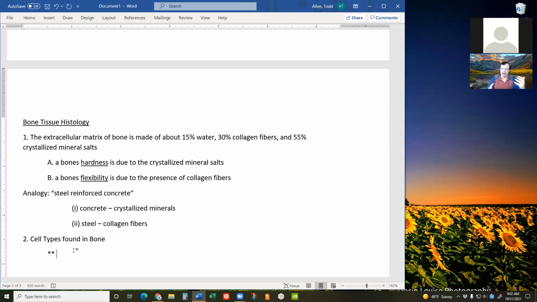Certainly the types and concentrations, numbers of bone cells you find in your skeleton vary when you have fractured a bone and there needs to be some wound healing, okay? So the composition of bone is not static, and the population and types of bone cells we find in our bones ebbs and flows and varies based on your health status at any given moment of time. Okay, so remember that the composition of bone is not static.